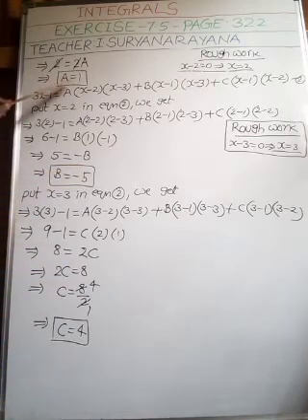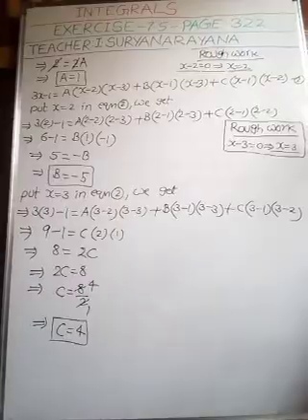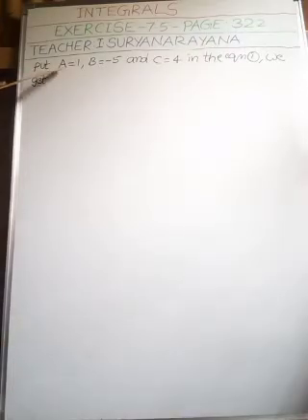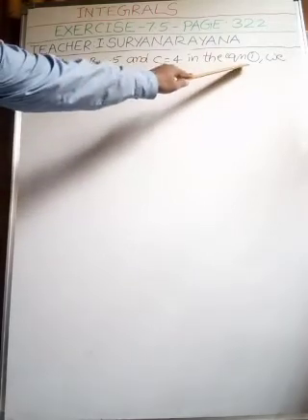Now we substitute A, B and C values in the equation 1. Okay, my children? Understood? Right. Then we follow the same steps, integrating on both sides. Now let us substitute A is equal to 1, B is equal to minus 5 and C is equal to 4 in the equation 1.